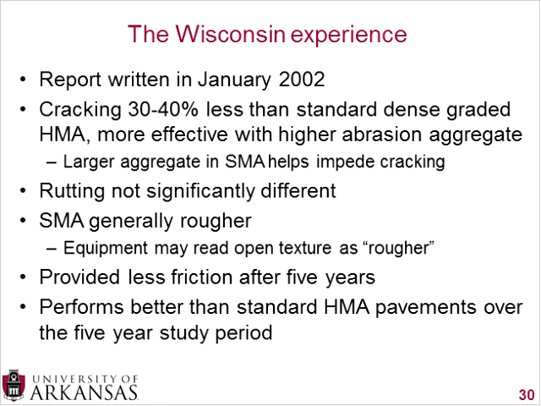And when you're shooting that laser down an air void, and because SMA has very high air voids, especially up to the surface, those air voids may have been read as rougher. They found that after 5 years they had less friction, but overall they found that the SMA performed better than the standard HMA pavements over the 5-year study.